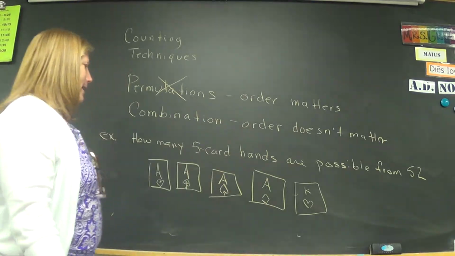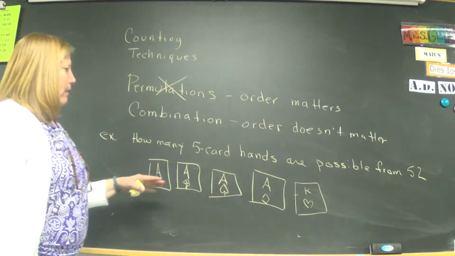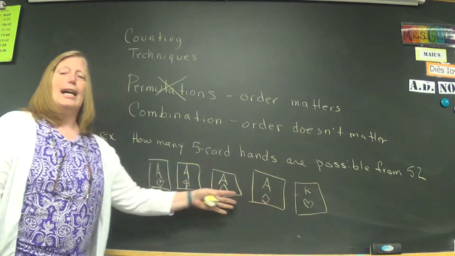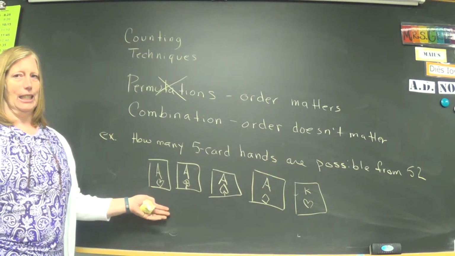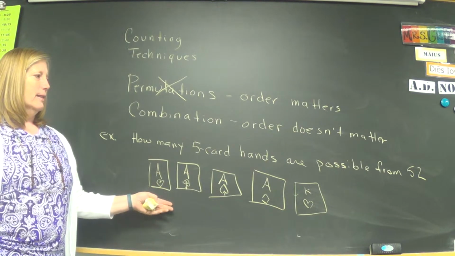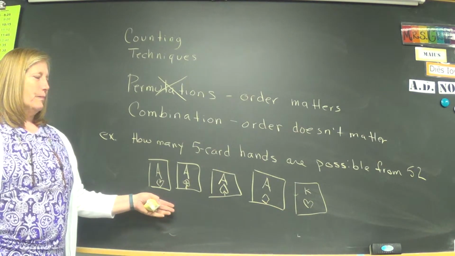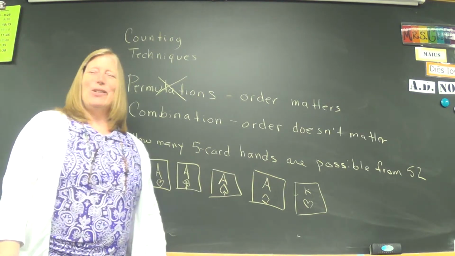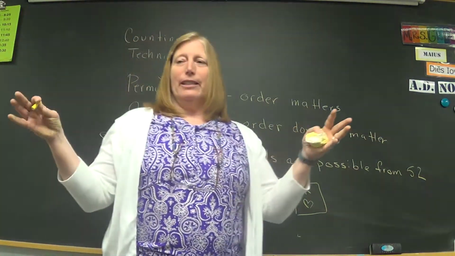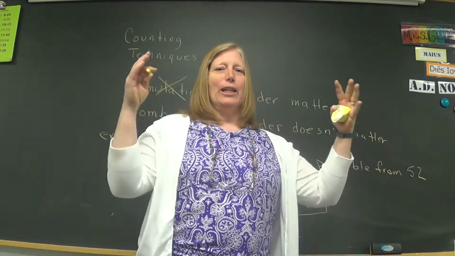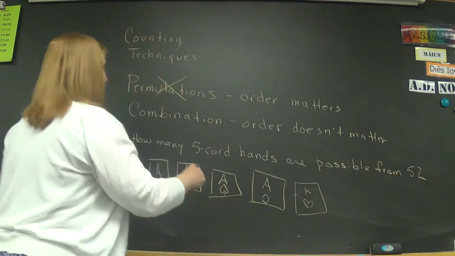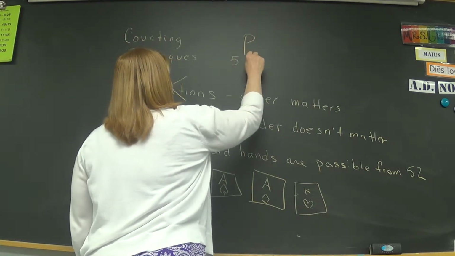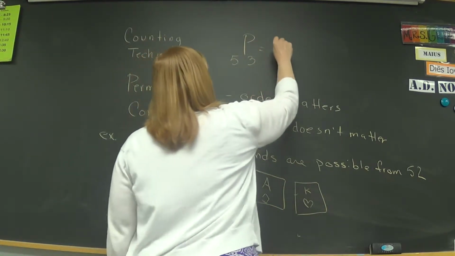It is calculated differently. If order doesn't matter, do you think there's going to be more or less than the permutations? Less. It's sort of like the example with the committee. If I was doing a 3-person committee out of you 5, I would have gotten the permutation of 5 people taking 3 at a time.